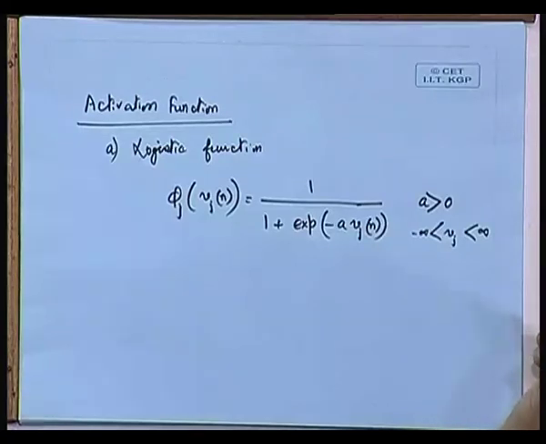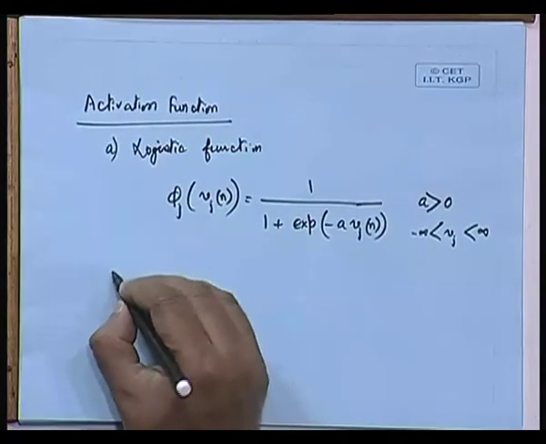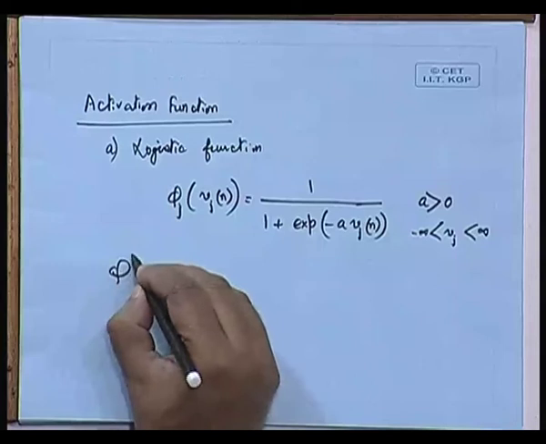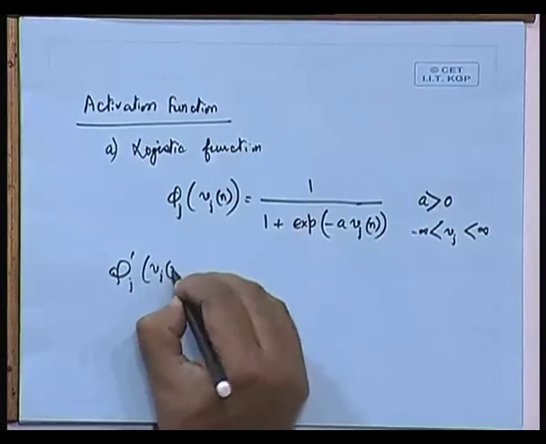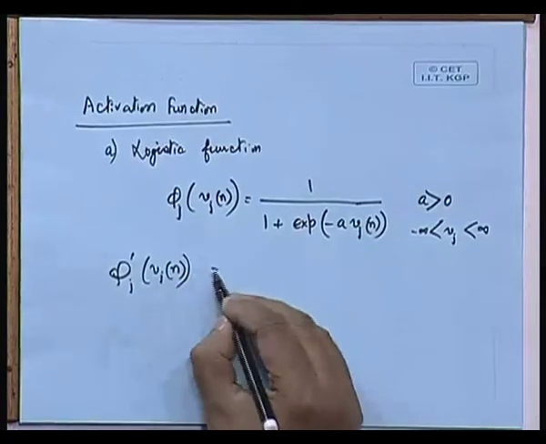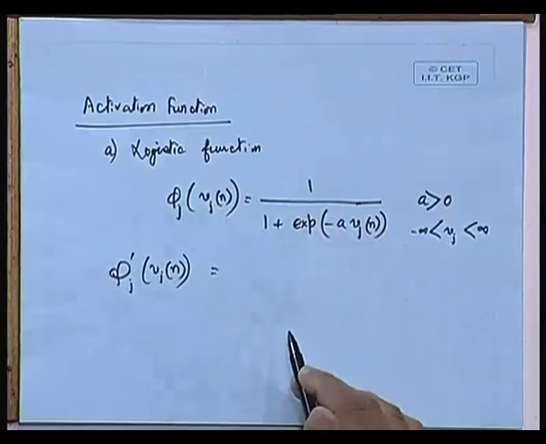Now, if we consider a logistic function like this, we can take the derivative of this logistic function. So, let us compute this phi dash j of Vj of n, which means we have to take the derivative of this function with respect to Vj.